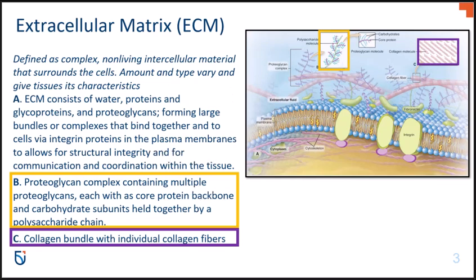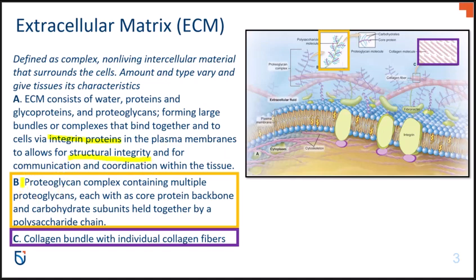And it binds to the plasma membrane using what's called integrin proteins that are found in the plasma membrane. And so the binding that's happening between the different components of the extracellular matrix as well as to the cell itself is going to promote structural integrity, kind of keeping everything together. It's also going to allow for communication and coordination within the tissue.